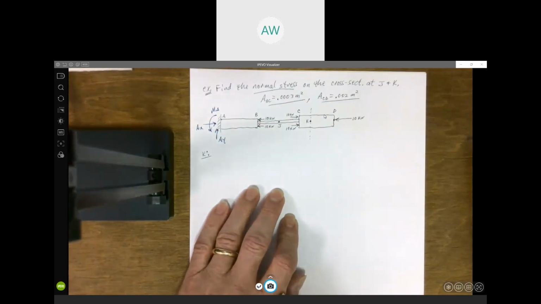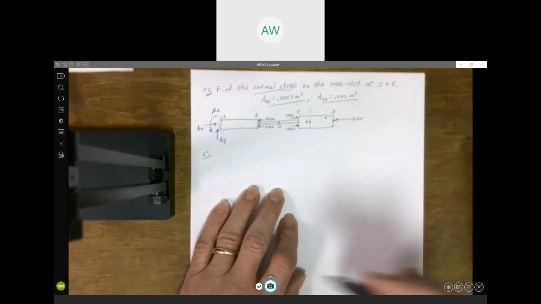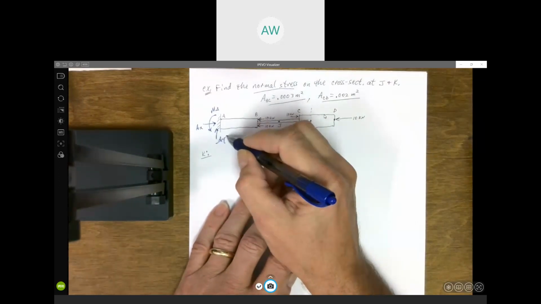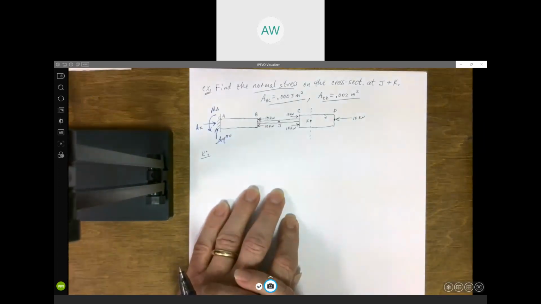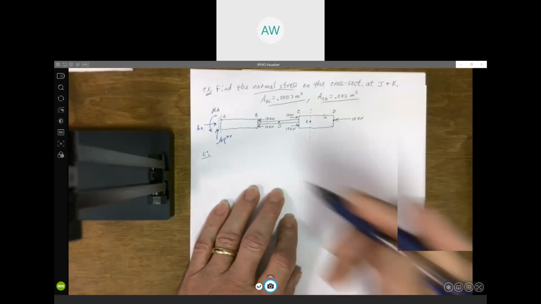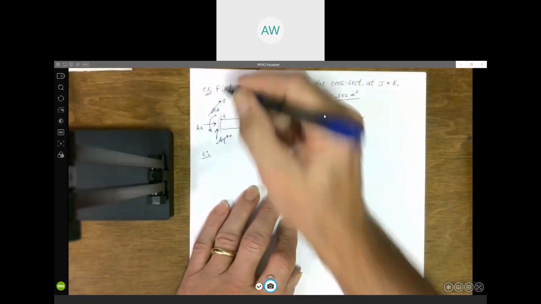Now, two of these are 0, just by observation. If you look at this, we don't have any other forces in the y direction, so AY is going to be 0. We're following our assumptions: all of our forces are along the centroidal axis. We're not bending this thing anywhere or causing any moment, so the moment would be 0.